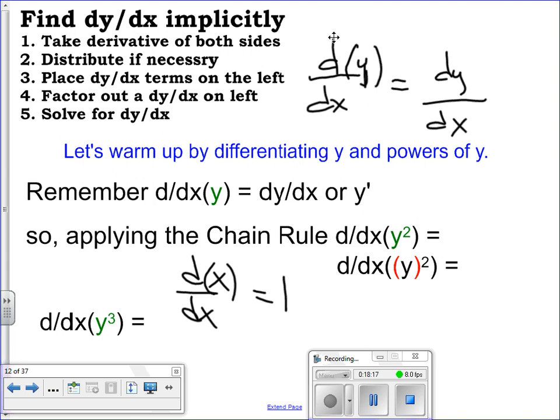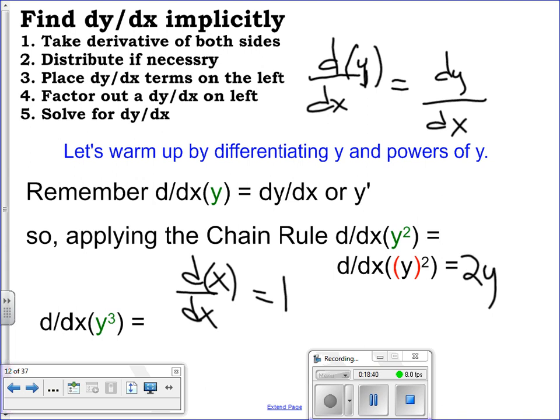So when you want to take the derivative of a power of y, like y squared, I want you to just think of the chain rule. Chain rule says, first you take the derivative of the outer function. So something squared. What's the derivative of y squared, do you think? 2y to the first, right?